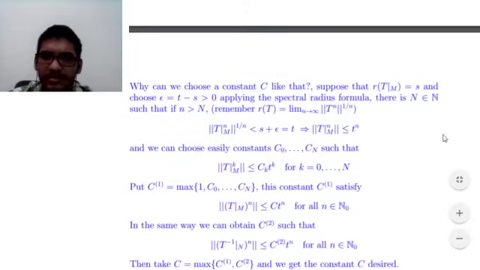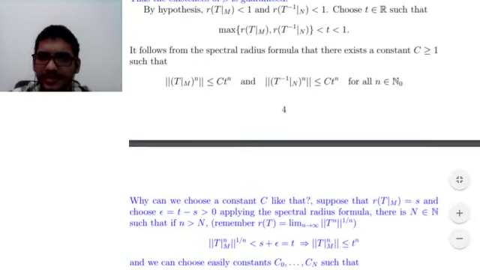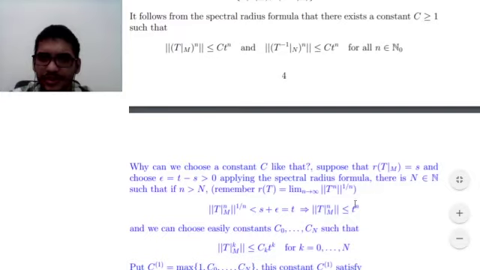You can think that this is the constant 1 that you want. You can put here c equal to 1, but this happens only for n greater than capital N, so you have to solve that.